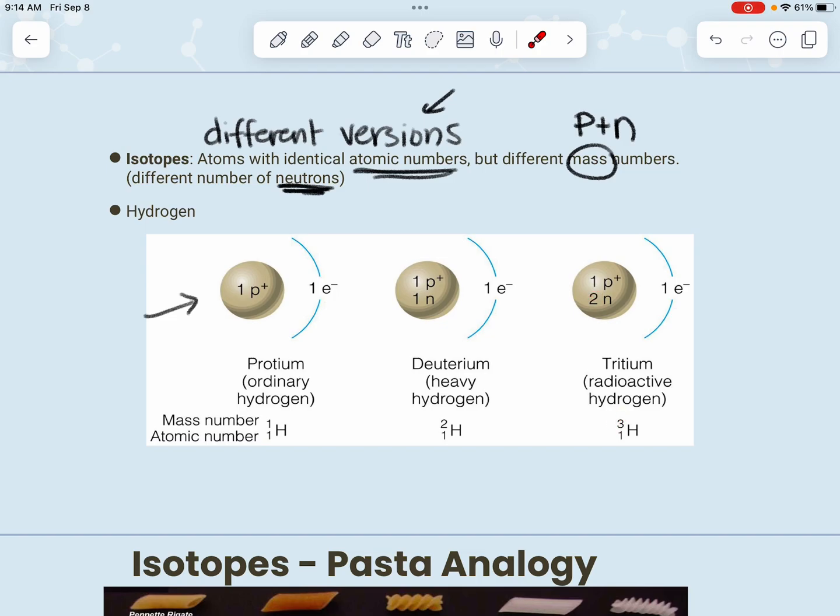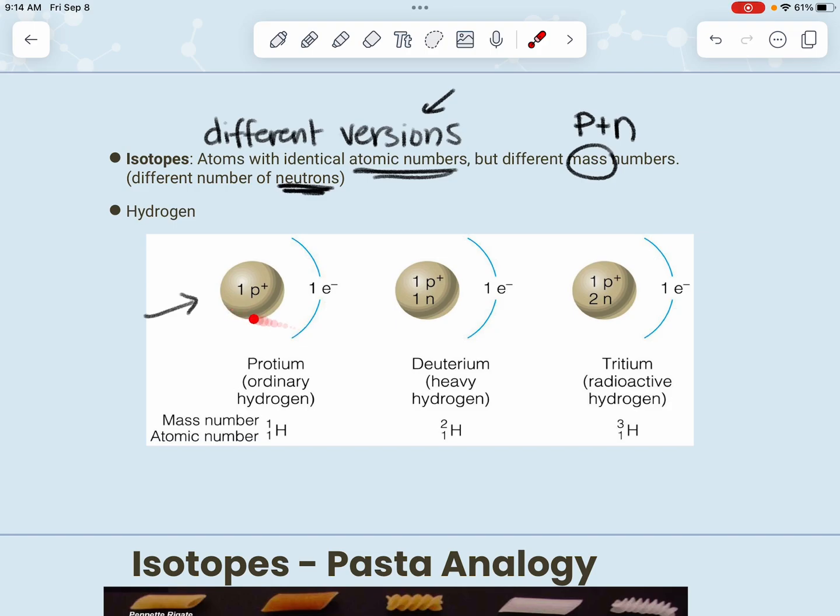And sometimes when we add neutrons or with different ratios of neutrons to protons, we get something that's less stable, and so that's why this one is radioactive. It's not as stable with these 2 neutrons, so it's going to try to get rid of them. What that means is that we can find each type of hydrogen in the world at different times, but what really is the case is that there's usually always a super or most abundant version of each element.